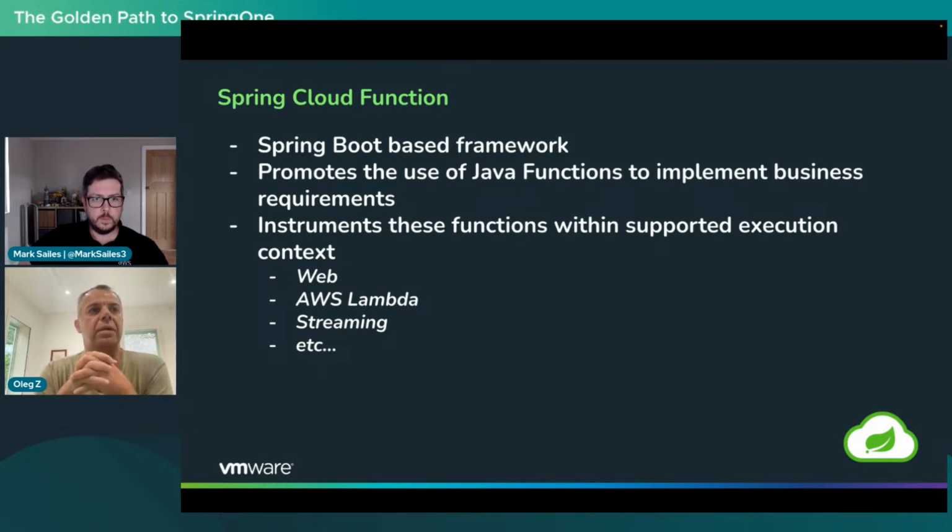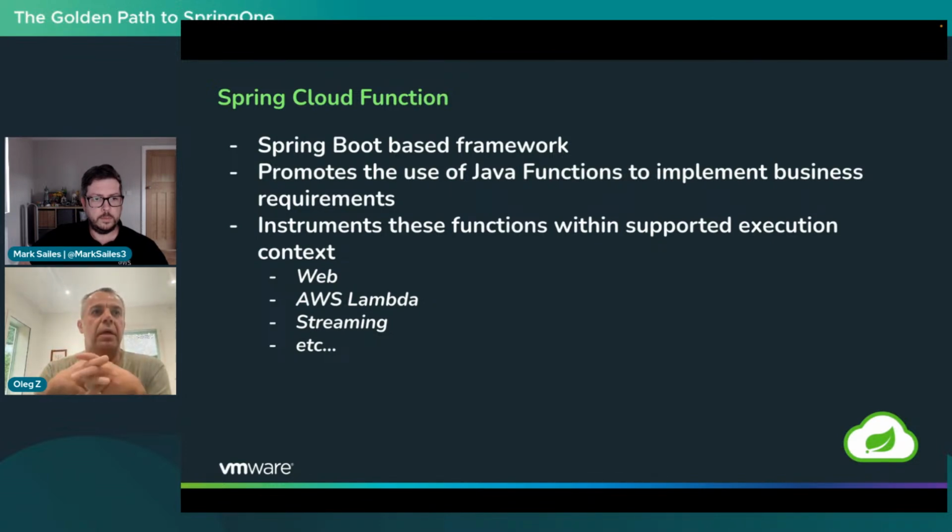Spring Cloud Function is improving your productivity by promoting the development of your business requirements using Java functions. When I say Java functions, I'm implying the functions that came with Java 8, which is Supplier, Function and Consumer, interfaces provided by the core Java framework.